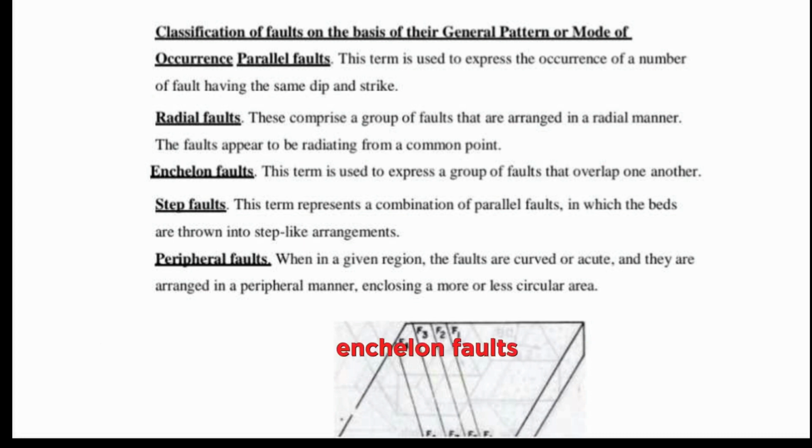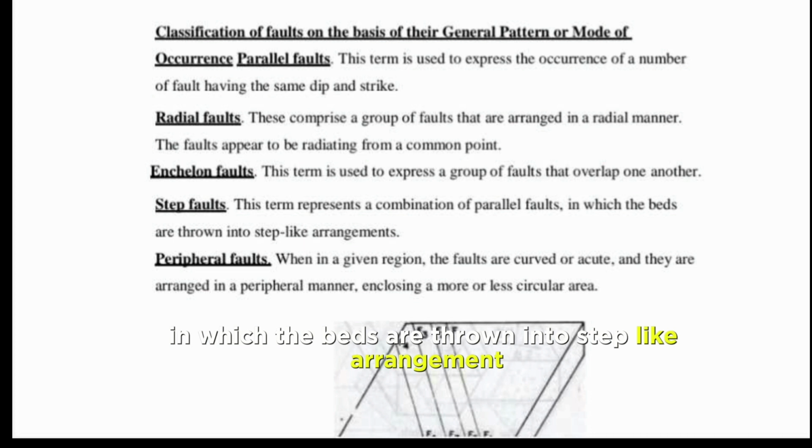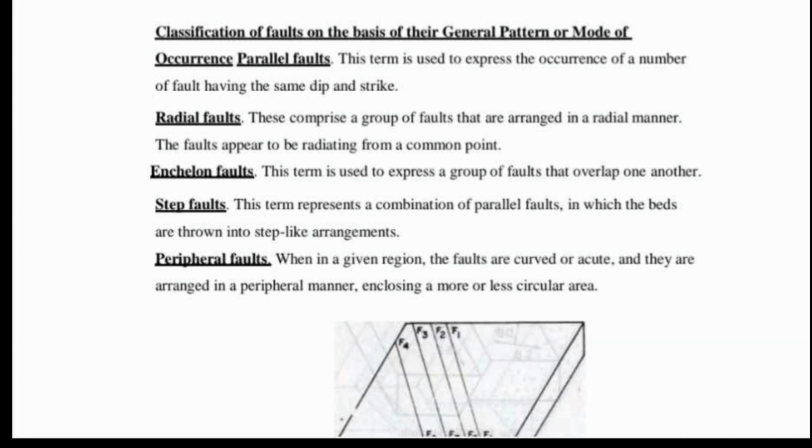Echelon faults: this term is used to express a group of faults that overlap one another. Step faults: this term represents a combination of parallel faults in which the beds are thrown into a step-like arrangement.